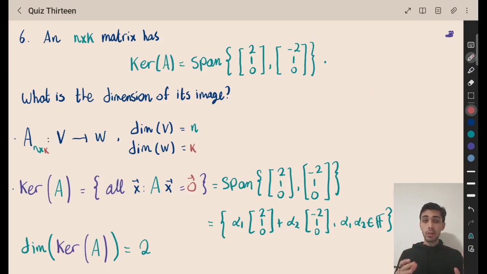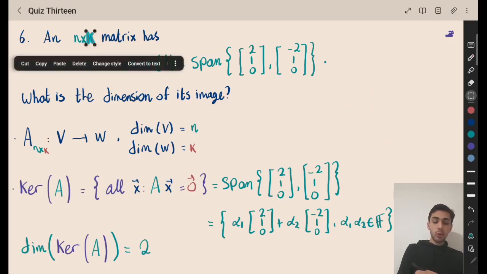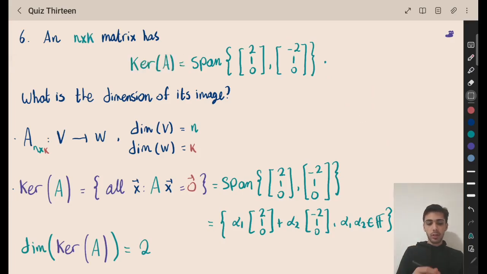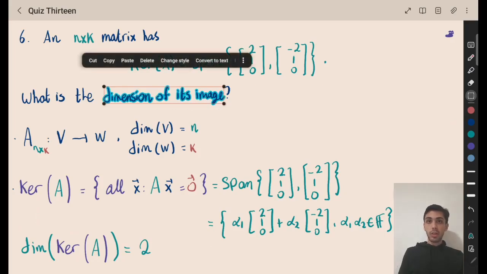Now, the rank nullity theorem is the keyword here. The rank nullity theorem tells you that if your matrix outputs a k-dimensional vector, like in this case, then the dimension of the kernel plus the dimension of the image should give you k.